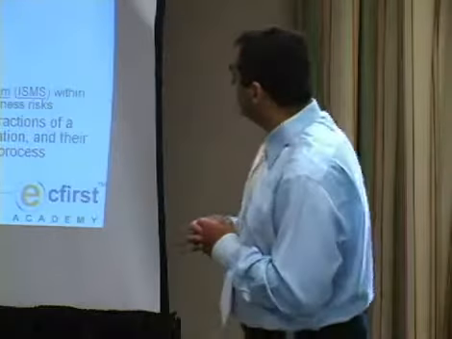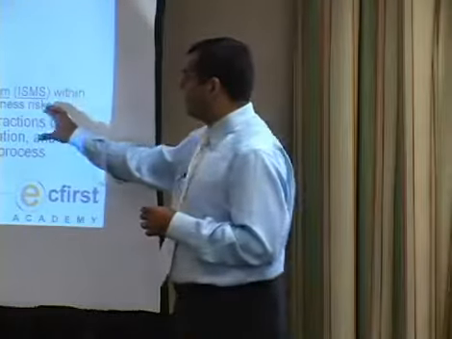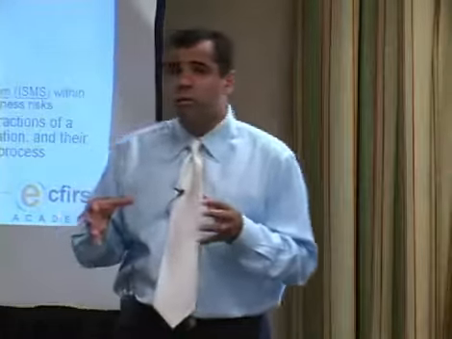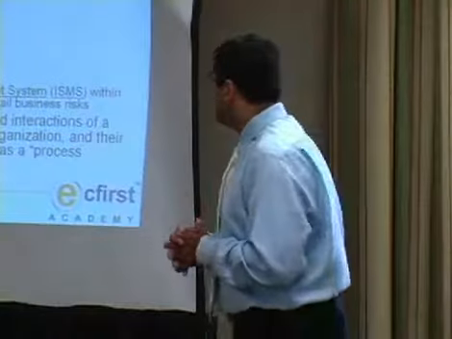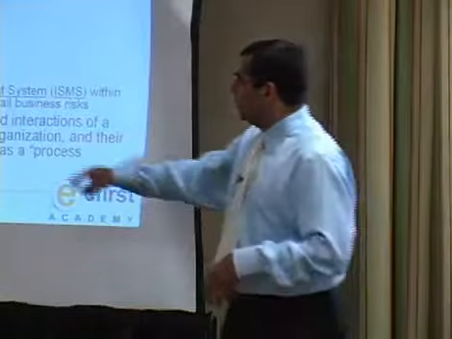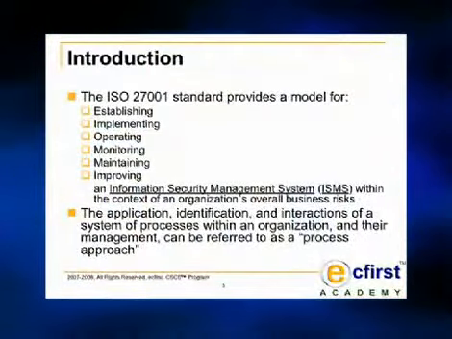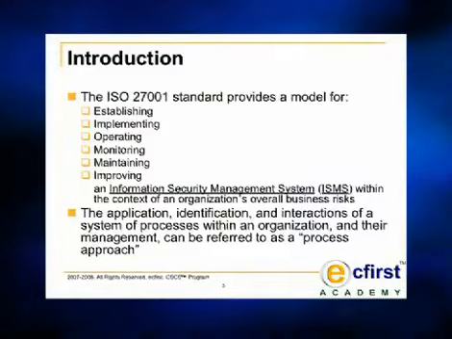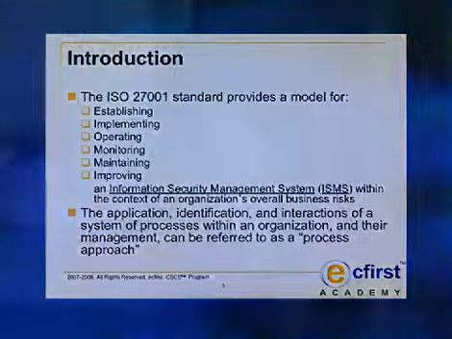standard. So if you were to do any work in information security outside of the US, this is the security Bible, if you will. And it's very important to gain knowledge about this system, the information security management system. Every organization needs to determine what's the system that's going to work for its own environment. You're going to tailor one that's going to be customized for your environment. And the application, identification, and interactions, because everything's a mesh, the interactions of a system of processes.